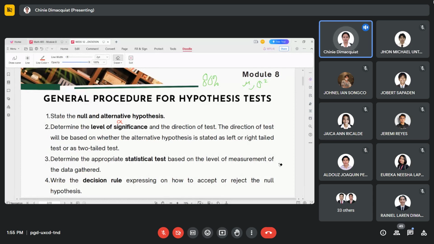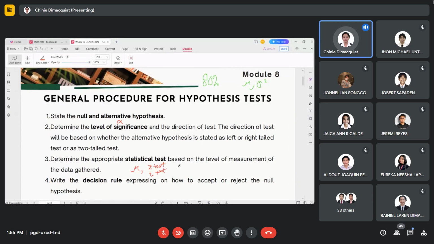And kapag mean, so known ba yung ating variance or unknown? So kapag po kasi known yung ating variance, katulad ng sa pagkuha ng interval, ang gagamitin natin ay z-test given na known yung ating variance. And kapag unknown yung ating variance, so t-test ang ating gagamitin.